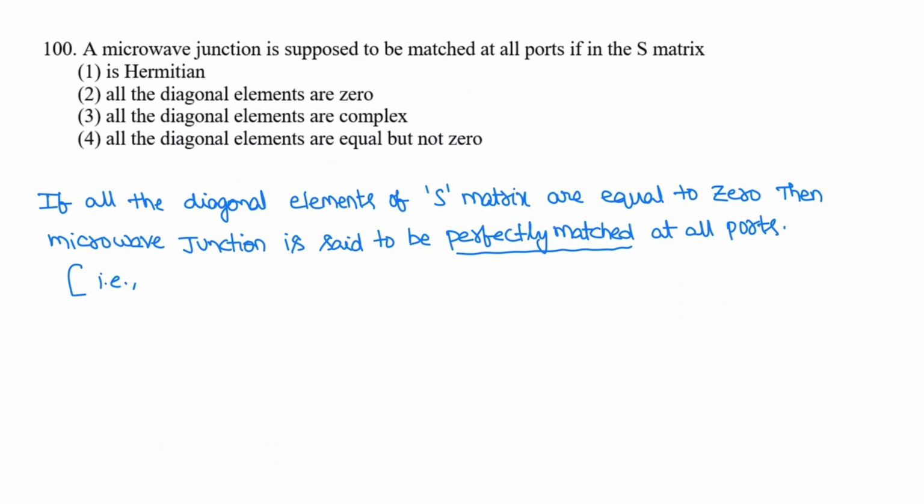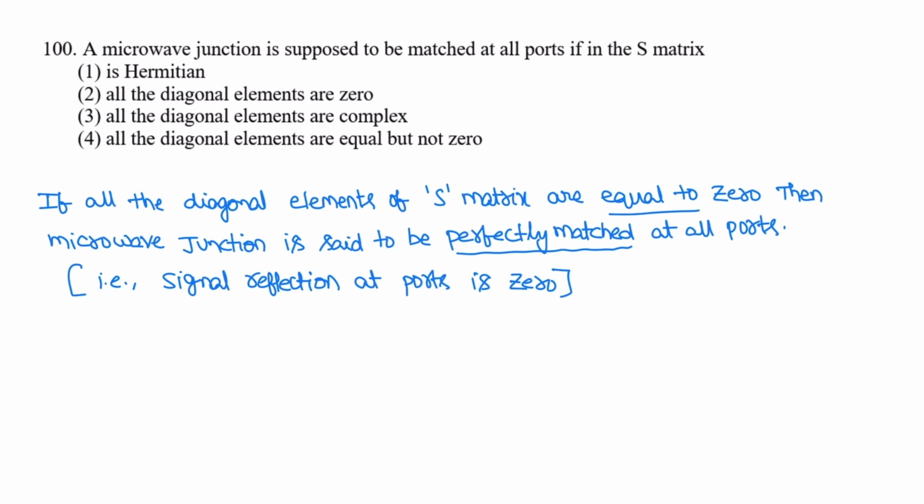Next question. A microwave junction is supposed to be matched at all ports if the S matrix is. If all the diagonal elements of the S matrix are equal to 0, then the microwave junction is said to be perfectly matched at all ports.